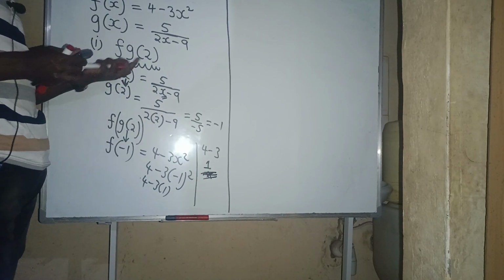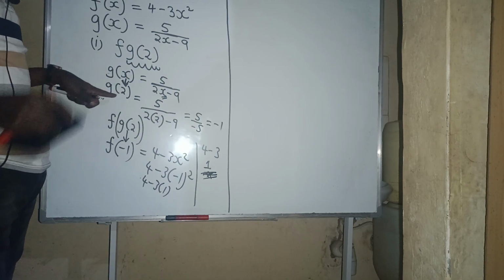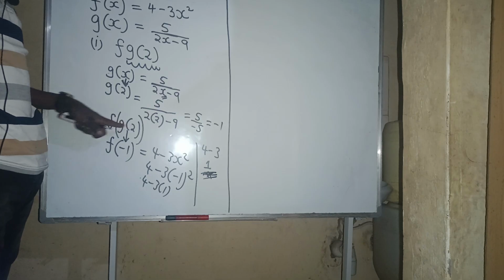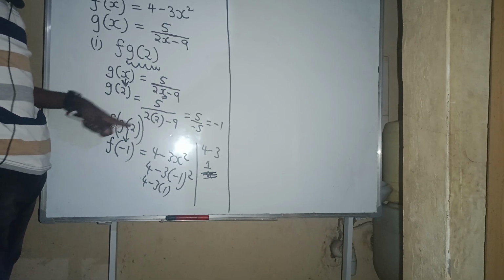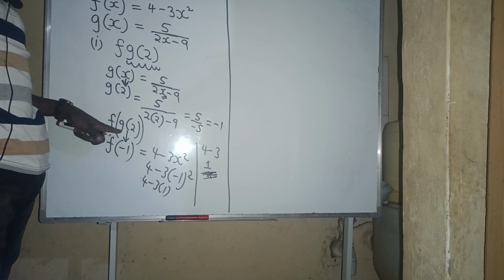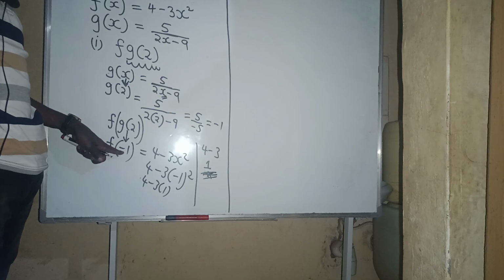So I first got g(2) as negative 1. I came back and said, in f of g(2), I know g(2) is negative 1, so it's f of negative 1. In the function f, where there's x, I just put negative 1.